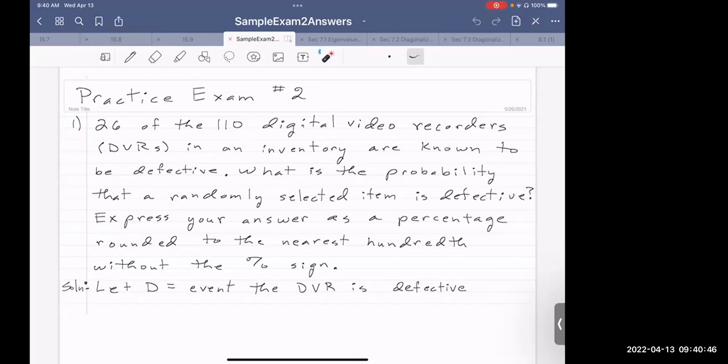Oh, and I guess when I go over this exam, I will give you several different techniques to be able to solve a problem. When you solve a problem, you'll only be using one of the techniques.